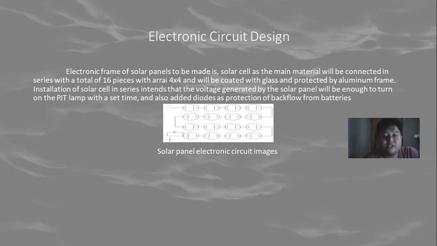Installation of solar cells in series intends that the voltage generated by the solar panel will be enough to turn on the PGT lamp with a set time, and also the diode serves as protection from backflow from batteries.